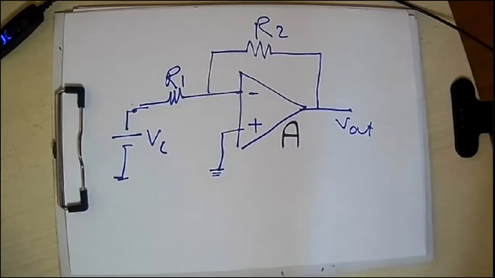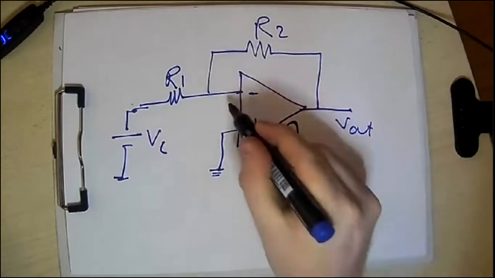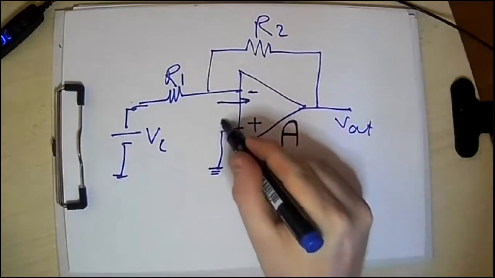Let's start thinking about the steps we can take to solve such a configuration. Don't forget, my dear students, that you can use the assumption that the current flowing inside the operational amplifier is equal to 0.